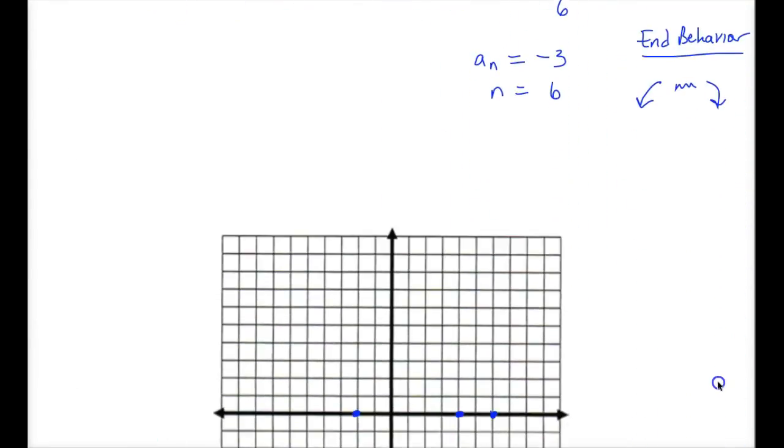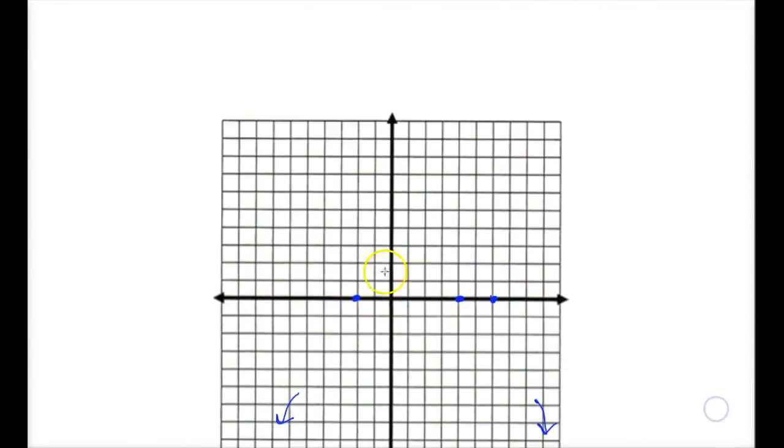We know here it's going to cross. And right here, after it comes up, it's going to touch or bounce off of the x-axis. So it's going to look like that. And then, of course, for this last one here, it has to cross again.